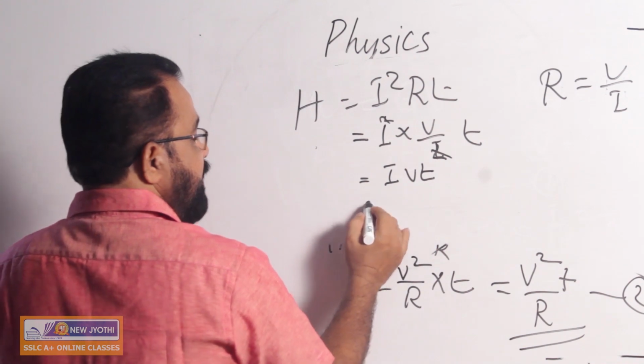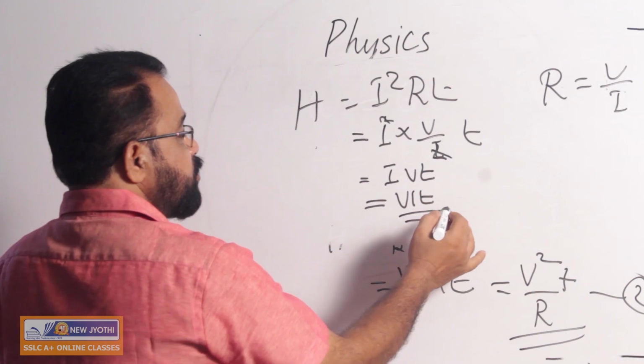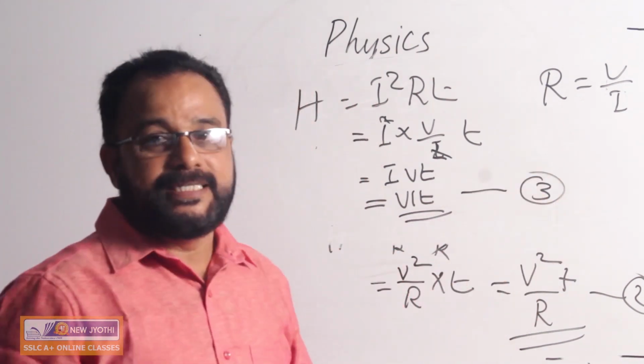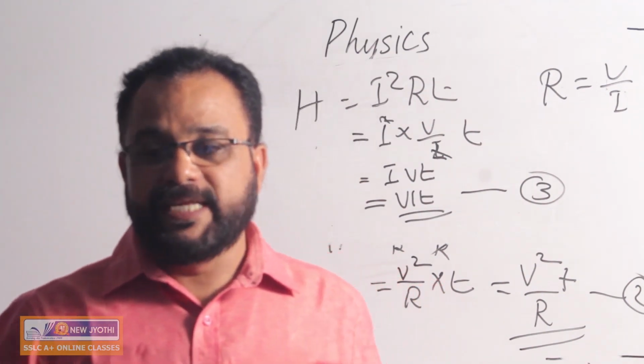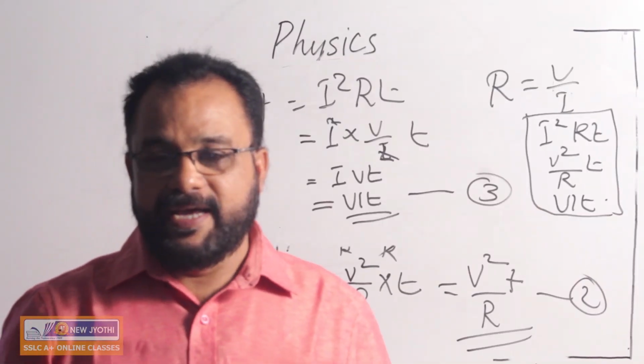So IVT we can rewrite as VIT, easy to see. So this is the third equation. So for heat we have got three equations. The first one I squared RT. Second one V squared by R into T, and the third one VIT. These are the three equations for calculating H.